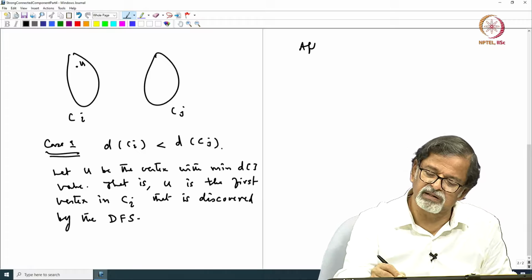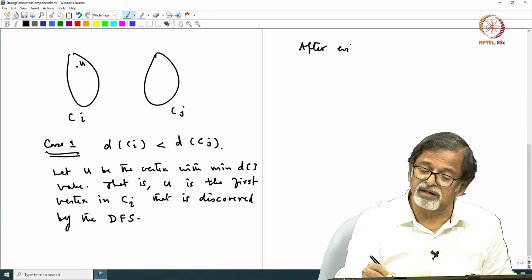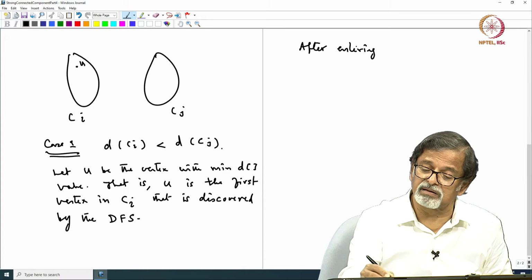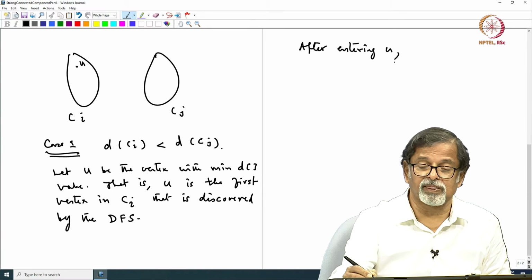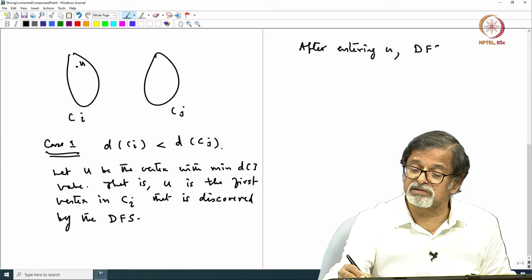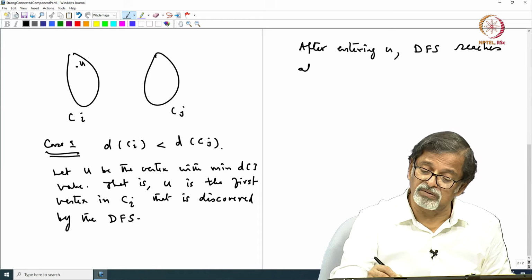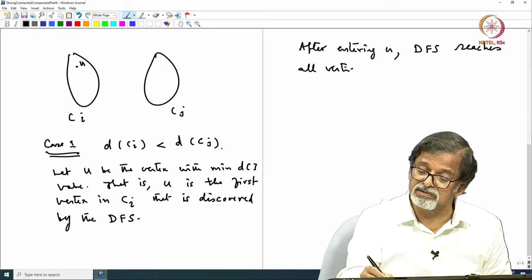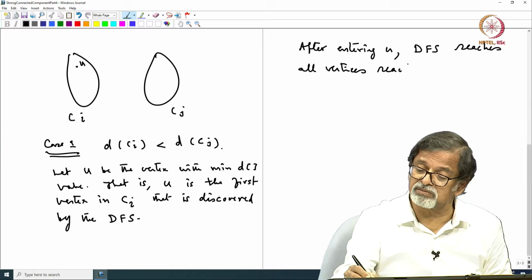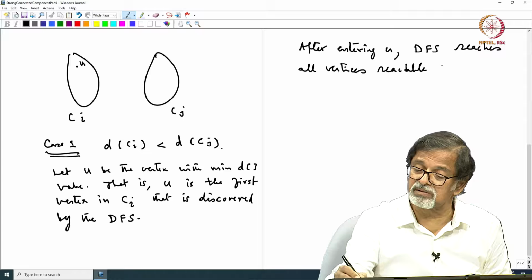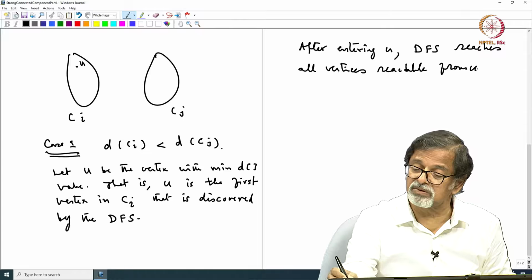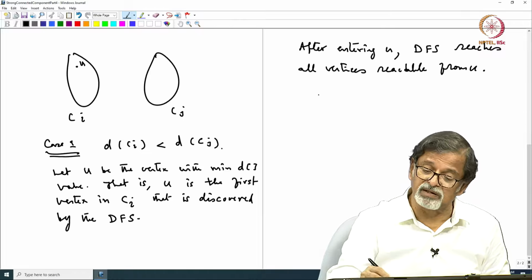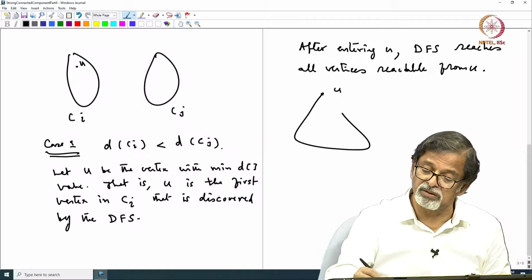After entering u, what happens? After entering u, DFS reaches all vertices reachable from u, and they will all be in the subtree rooted at u.